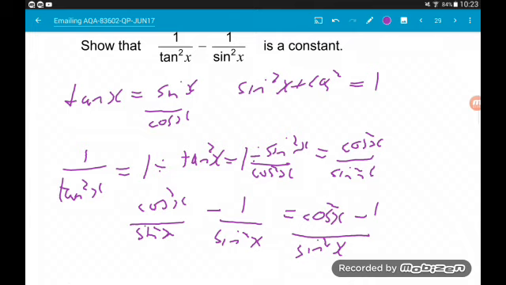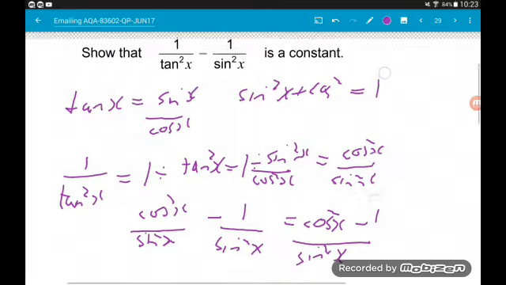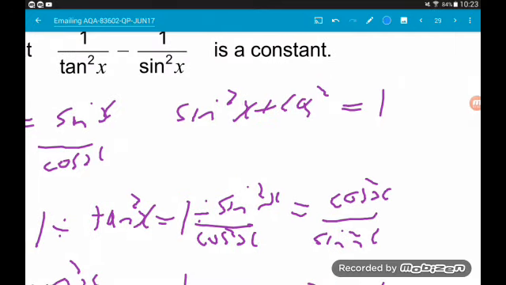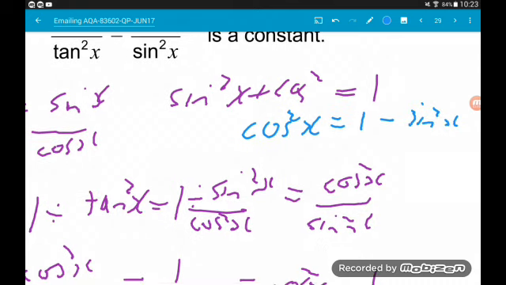is minus sine squared. If we rearrange this guy up here to get cos squared minus 1, we would have to take away sine squared, so we get cos squared is 1 minus sine squared of x. So then if we take away the 1, cos squared of x minus 1 is minus sine squared of x.